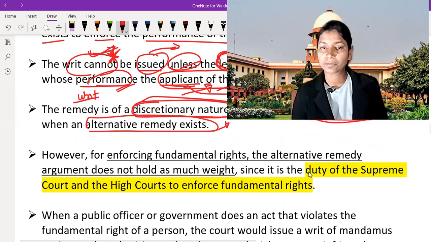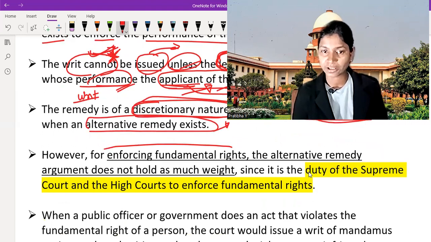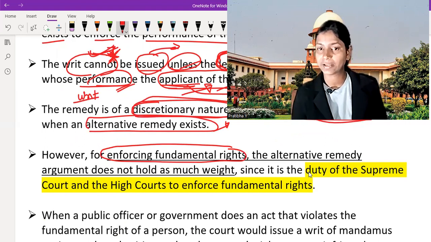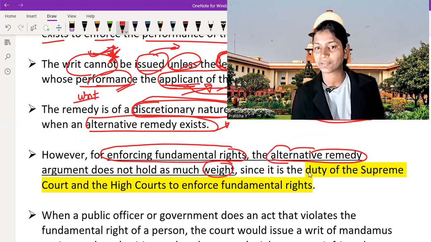However, enforcing fundamental rights is a duty of the Supreme Court or High Court. So for enforcing fundamental rights, the alternative remedy argument does not hold as much weight. We talked about earlier that if an alternative remedy is present, then the court does not issue the writ.